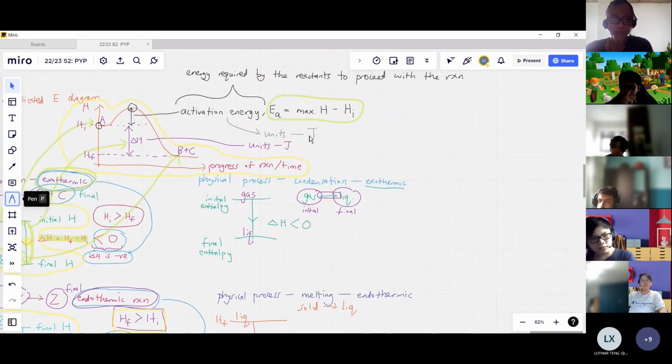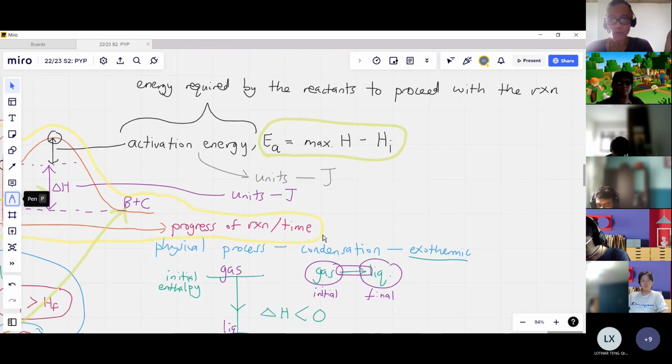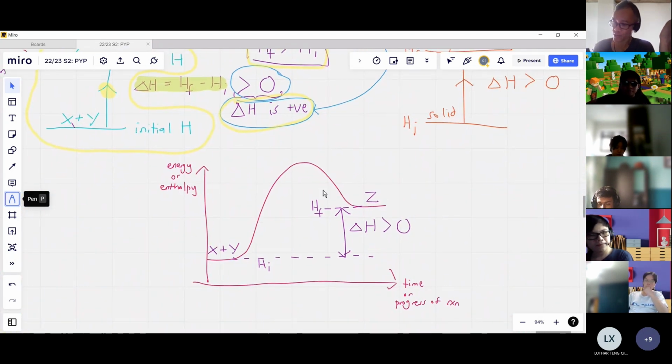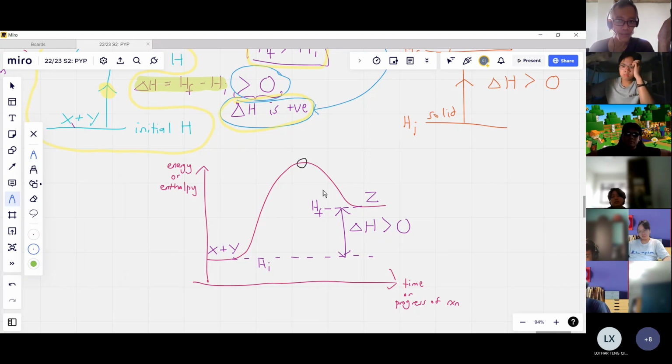Look at my mathematical definition. This is my mathematical definition of activation energy: maximum H minus H initial. Okay, so go back to my diagram. Where is my maximum H? Here. Okay, maximum H is here. And where's my initial H? Well, right here.